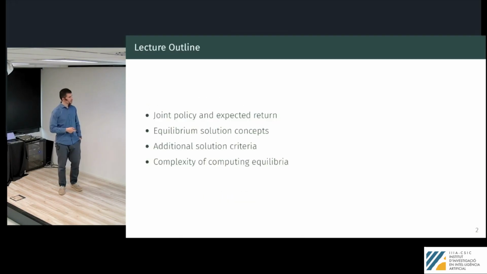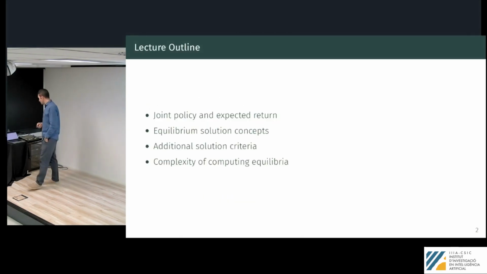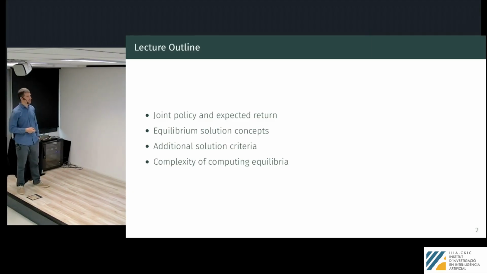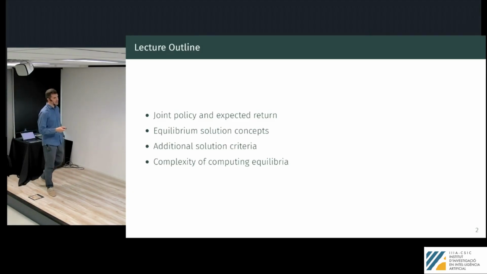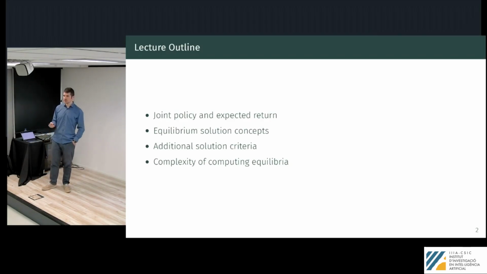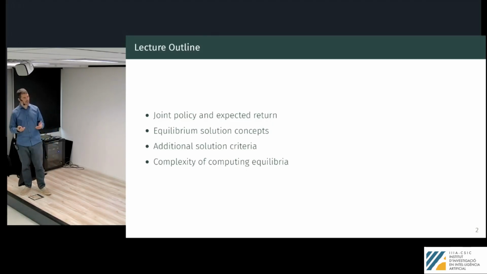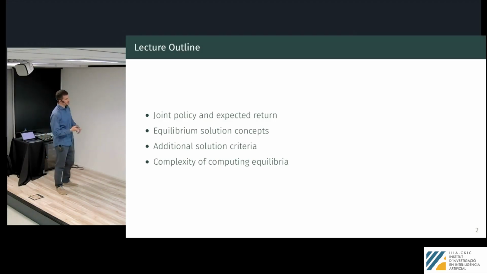Okay, so today we're going to be building on the lecture yesterday where we introduced the game models. But today we'll be talking about solving these games. What are solutions to these games? What does it mean for the agents to act optimally in a game like this? What is a solution to your game? So we first have to introduce some basic concepts, joint policies and expected returns of joint policies.